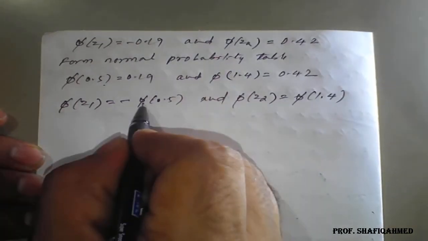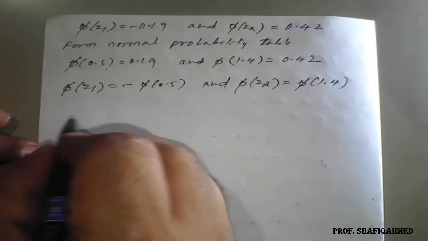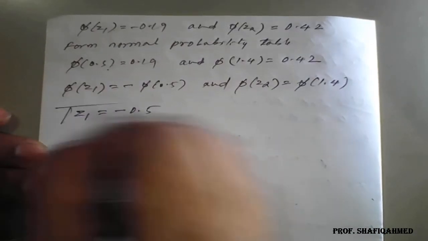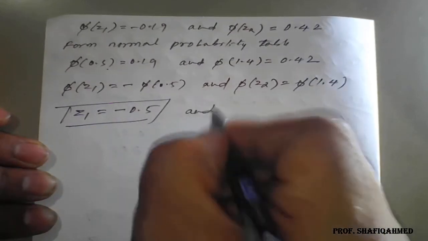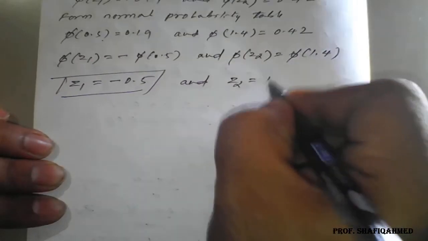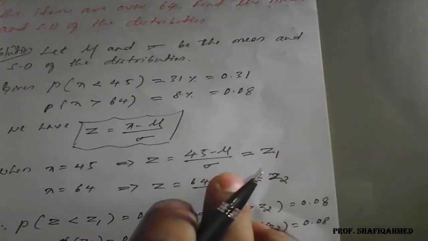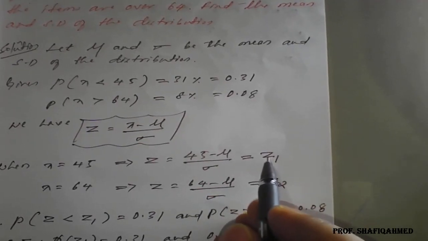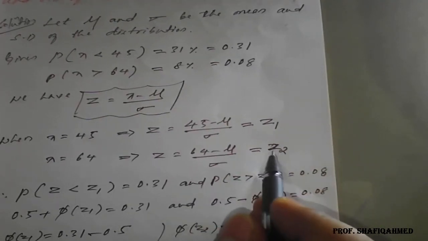So phi and phi cancel, we get Z1 is equal to minus 0.5, and Z2 is 1.4. These two values you have to go back and replace in this place: 45 minus mu upon rho is equal to Z1, in place of Z1 the value we just got, and in place of Z2 the other value.